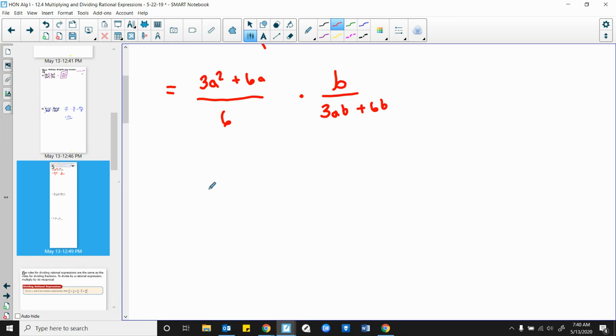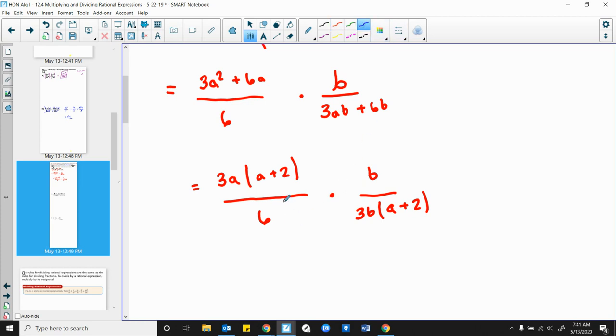So down here, if I factor out a 3a, I'm going to be left with a plus 2 over 6 times b over, my common factor here is going to be 3b. Okay, so if I factor out my 3b, I'm left with a plus 2.